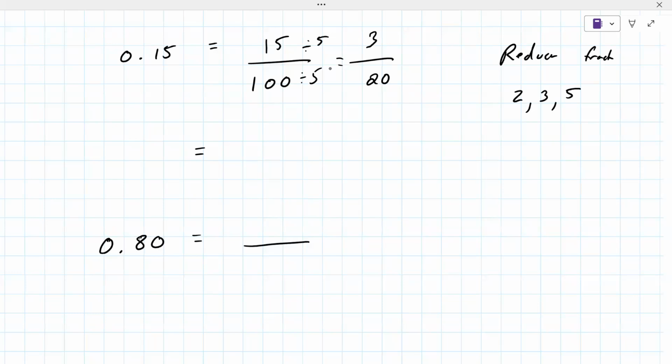Maybe 40/50. So it is 80 over 100, and like you said, you divide by 2 and divide by 2, but sometimes you got to keep going. Like, are those both divisible by 2? Yeah. Okay, so keep going. What does that become?